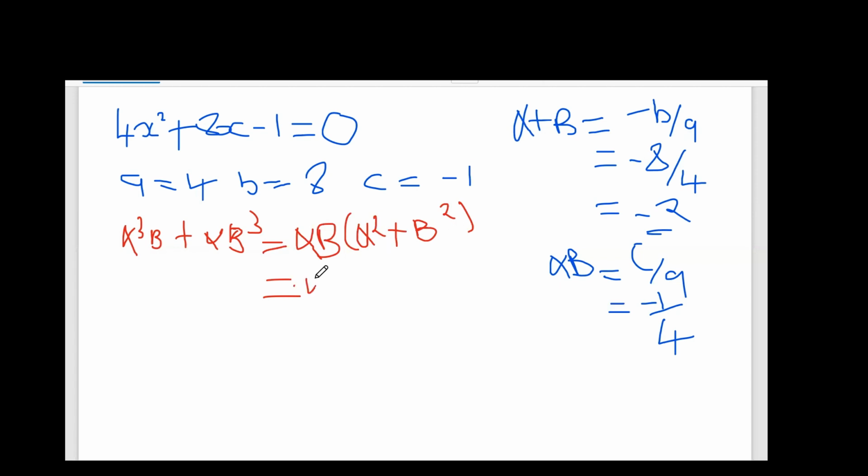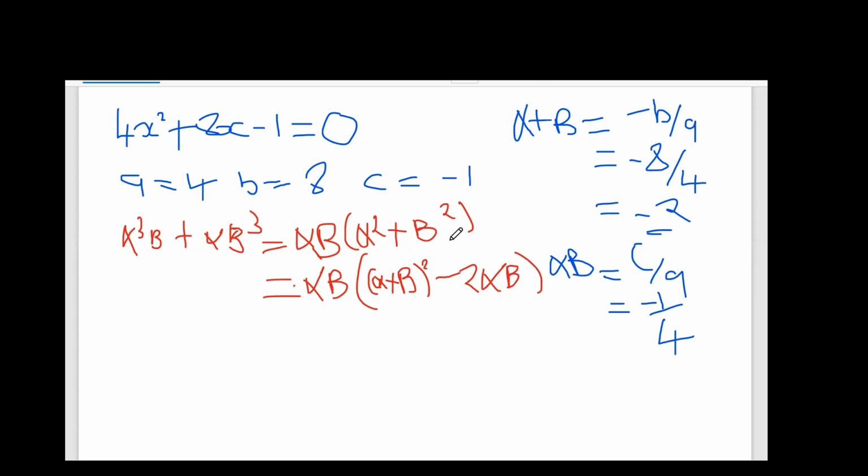So we have alpha beta, then open brackets: alpha plus beta squared, then -2 alpha beta. So alpha squared plus beta squared has its own identity: alpha plus beta, then squared, then -2 alpha beta. This has to be in your head because you have to know this identity.